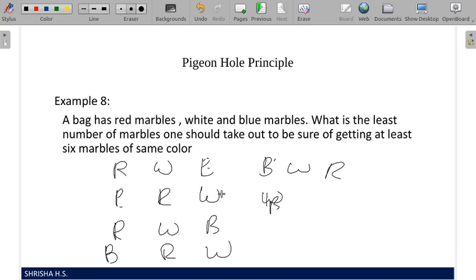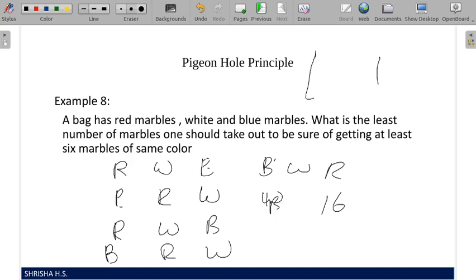To be sure of getting means you go to the worst case and still you are sure that you have 6 marbles. That means every time you pick, you get a different color. So at least 16 picks are needed to be sure that at least 6 marbles are of the same color.